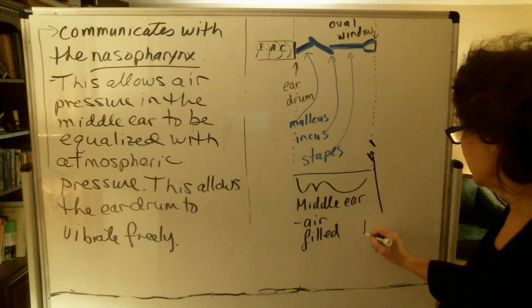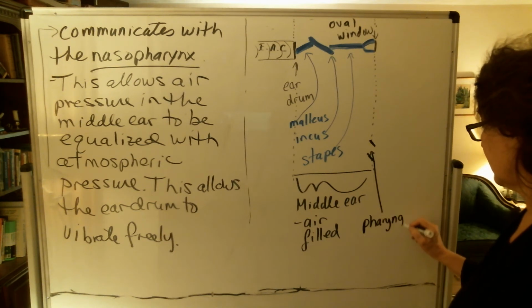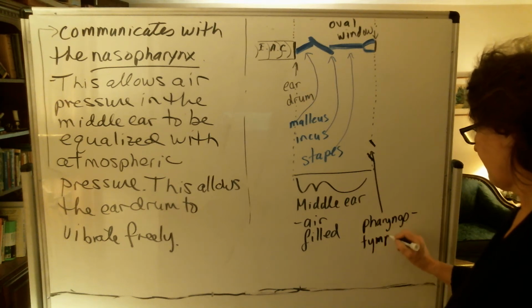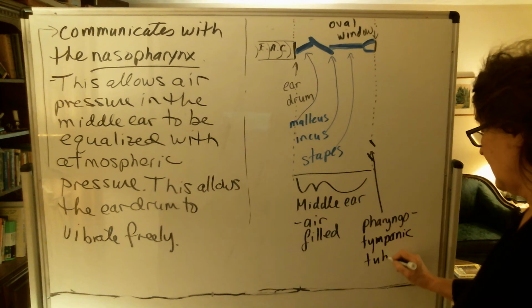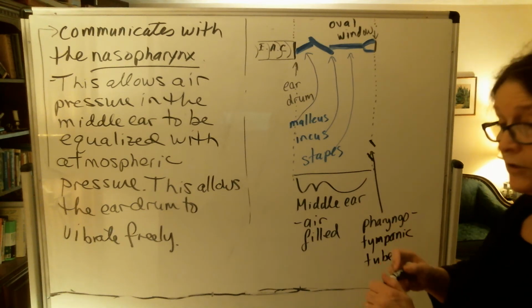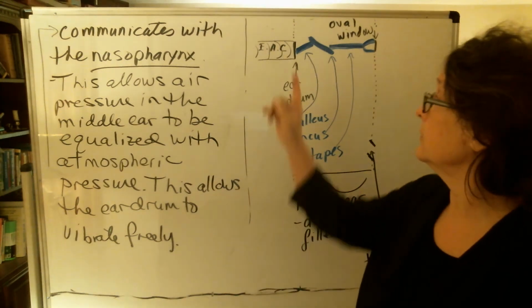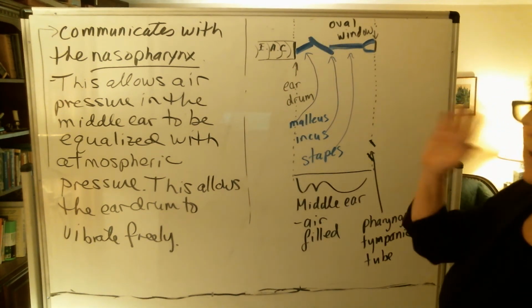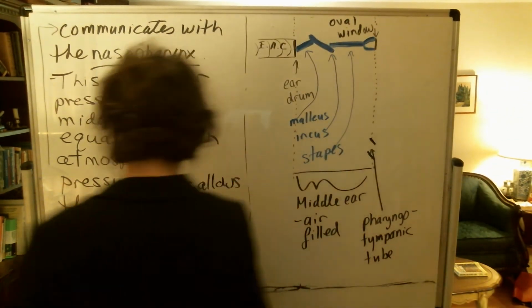There it is. That communicates with the nasopharynx, which is, of course, exposed to external air, to atmospheric pressure. So as a result, now you can wind up having the pressure equalized between those two places.